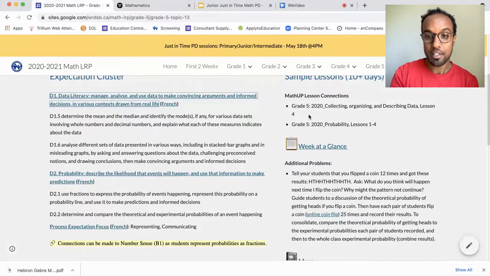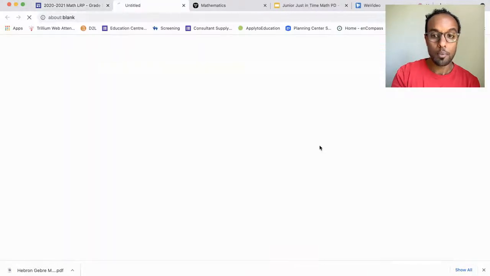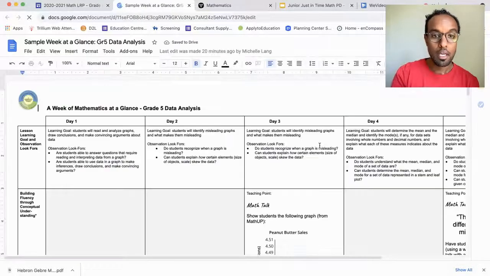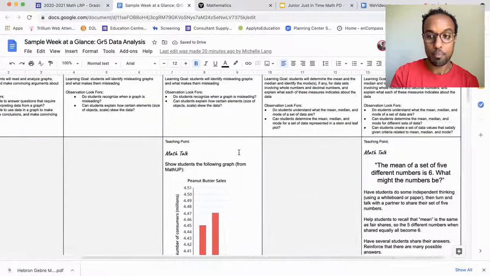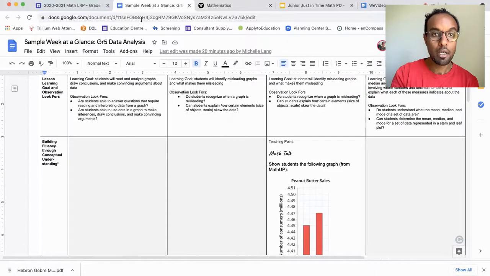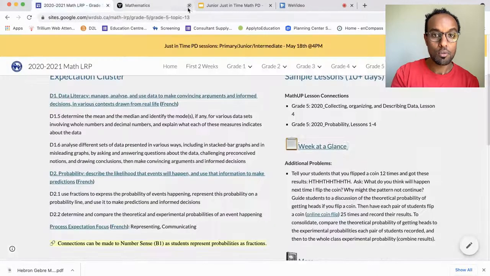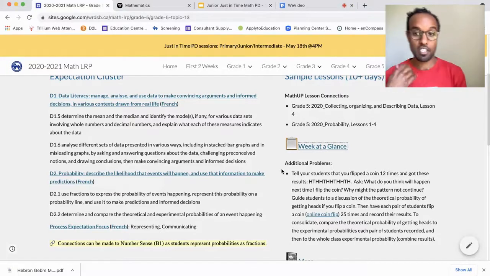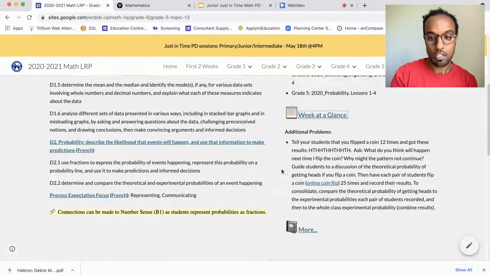We have our Math Up lesson connections as usual. And we do have our weeks at a glance for topic 13. And again, that's a great place for you to start your topic as you jump into concepts and different activities. We've put some good content there for you together.